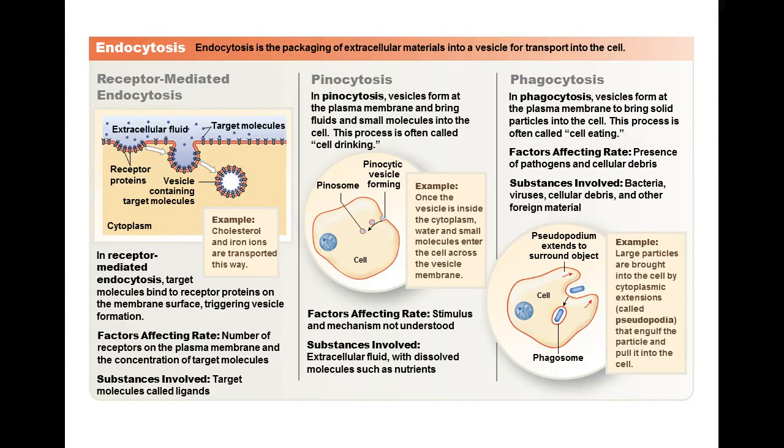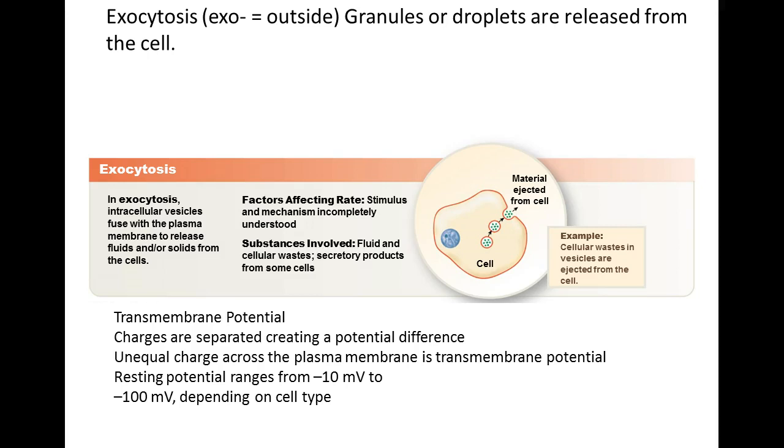That can happen in the opposite way too. So here you have pinocytosis and phagocytosis. It can happen the opposite way too, that you have exocytosis, where you have a vesicle. This is going to come from the Golgi apparatus.